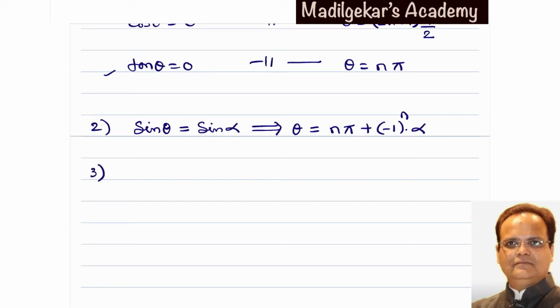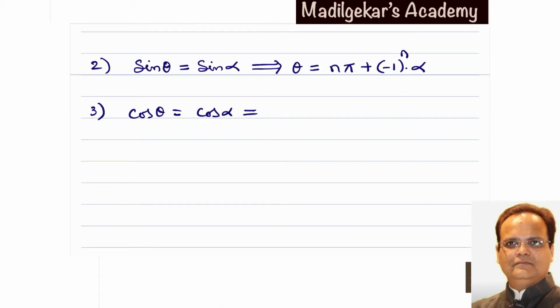Third, if cos theta equals cos alpha, then theta must be 2n pi plus or minus alpha.